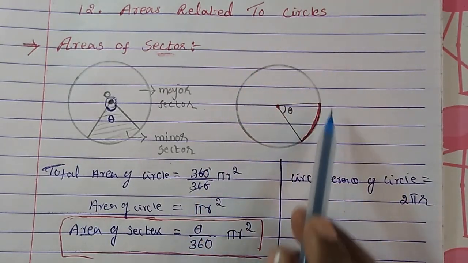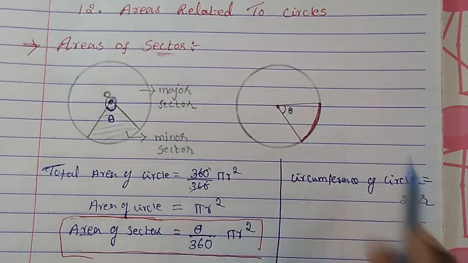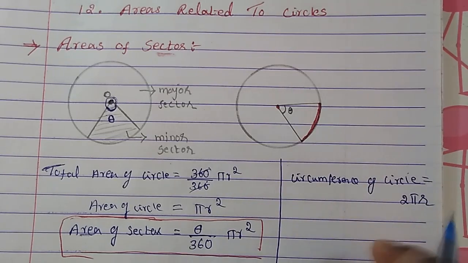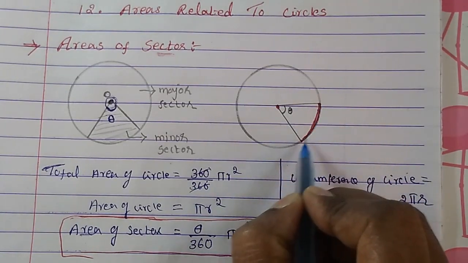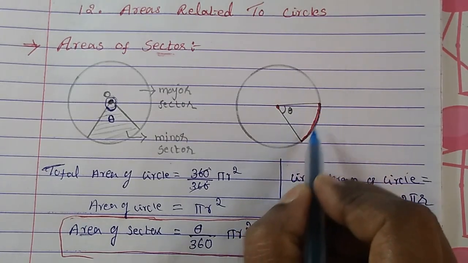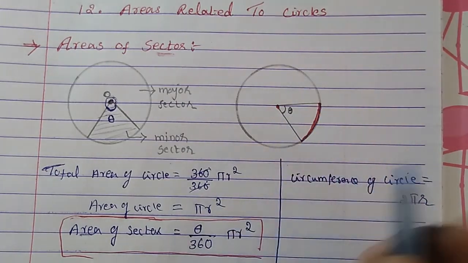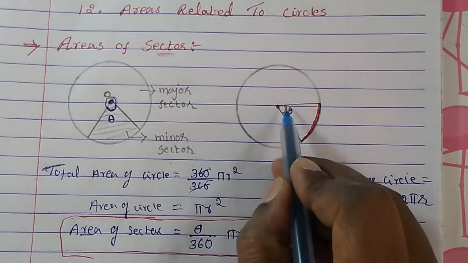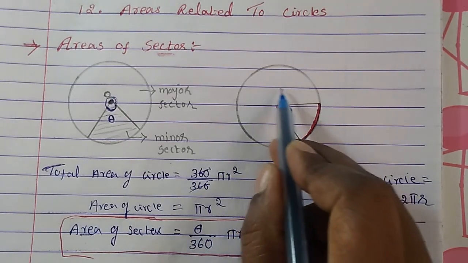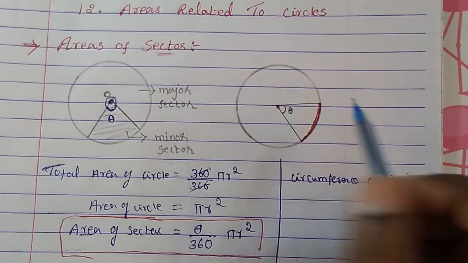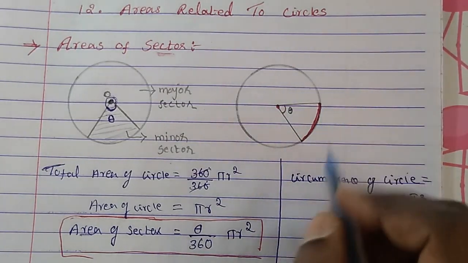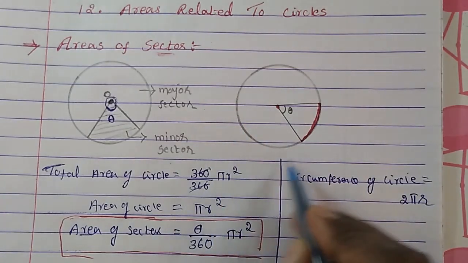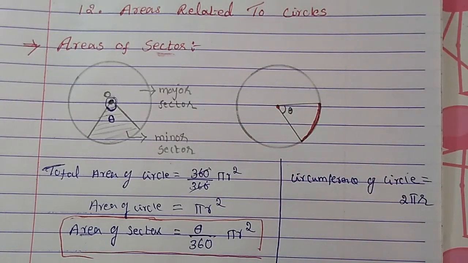Whole length, this whole length, no, circumference of the circle is 2 pi r. So the same formula only we have to use, because we want only this much length of an arc, right? So for that, an angle is formed. So therefore, whatever angle is formed in that, total angle is 360, and this is a length we are finding out. So instead of area, we will write circumference of the circle here.